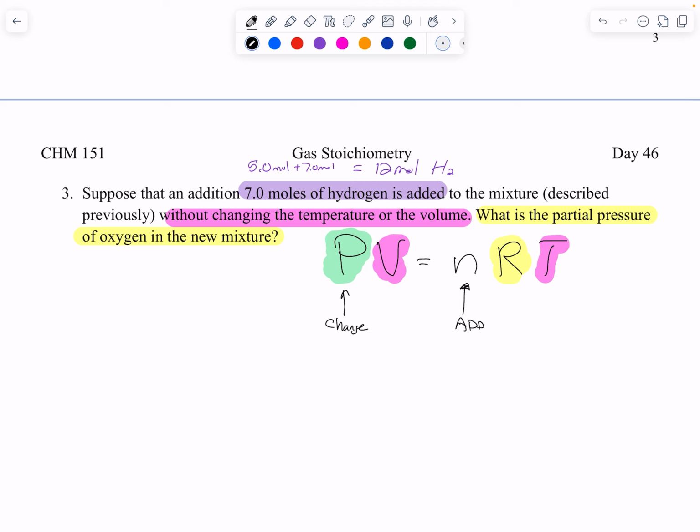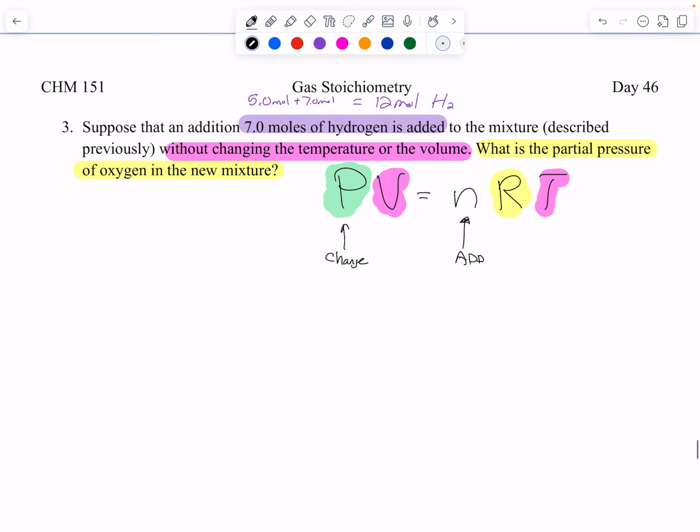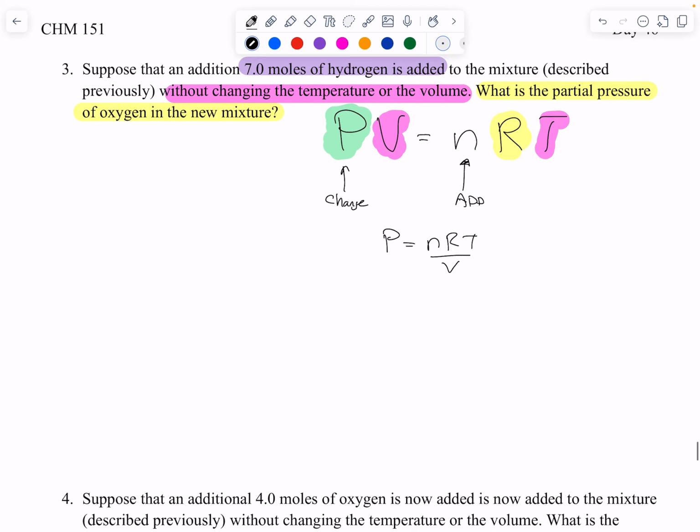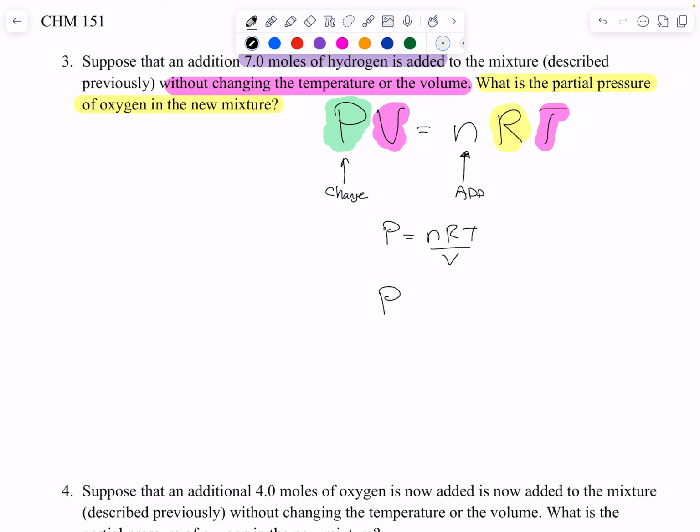All right. So now we can just go P equals nRT over V, right? So if I do that, P equals n. Now n is what? It's 17 moles, right? 17.0 moles.